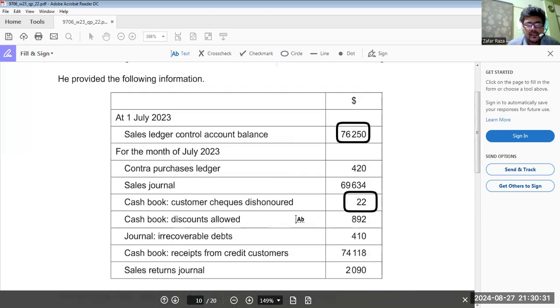Now, discount allowed 892. Discount allowed also decreases debtors account, so it is going to be credited.